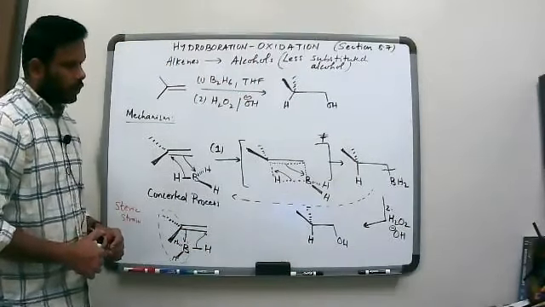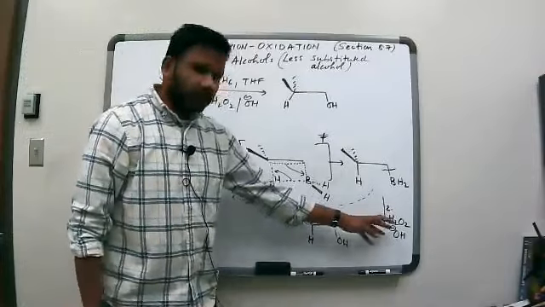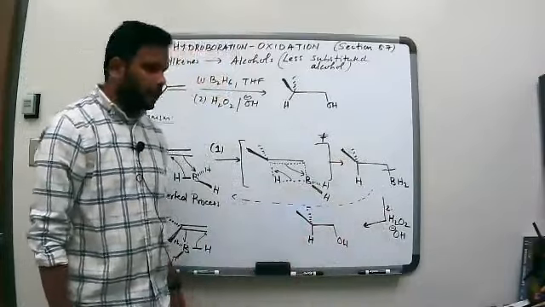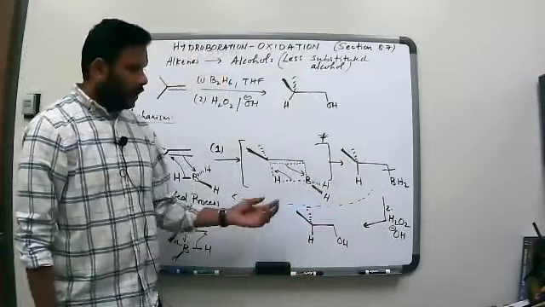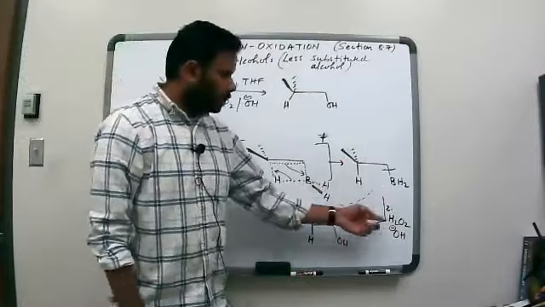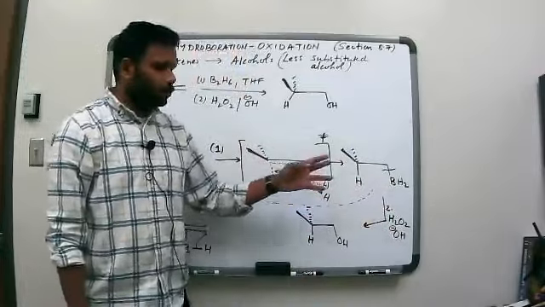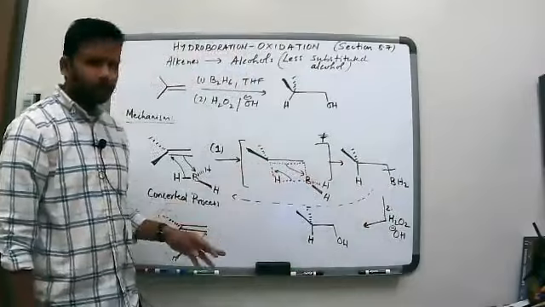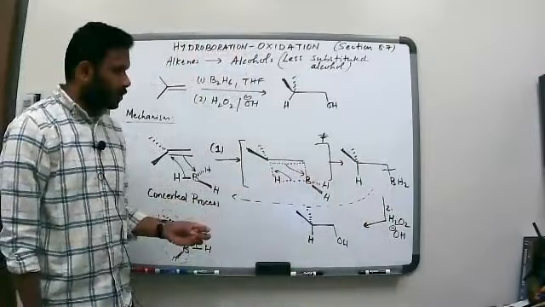So this second part of the mechanism is actually there in the textbook, but we're going to skip it for now because that only shows you how the hydroxyl replaces the borane. There is another aspect of it with respect to stereochemistry, which we're not going to get into right now. But if you're interested, we can talk during office hours.